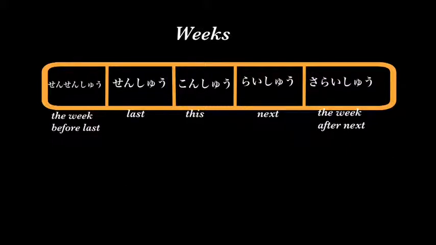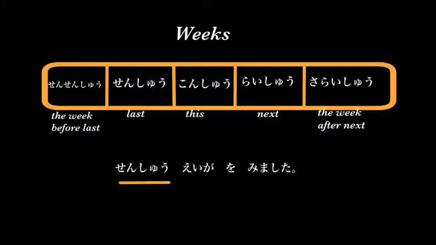Of course, for Senshu and Sensenshu, our sentence would need to end in the past tense. For example, Senshu, eiga o mimashita. I saw a movie last week, ending with mashita to say I saw. Past tense.